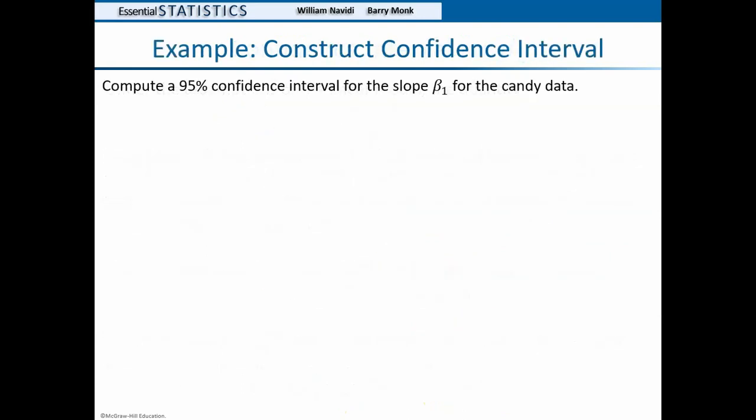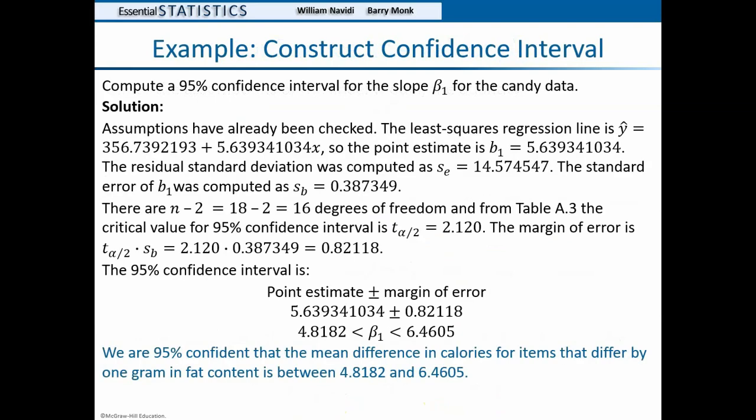Okay. So compute a 95% confidence interval for the slope beta 1 for the candy data. Okay, so here's the thing that we've already calculated. We get that pretty quick. Point estimate of B1, there's our B1.